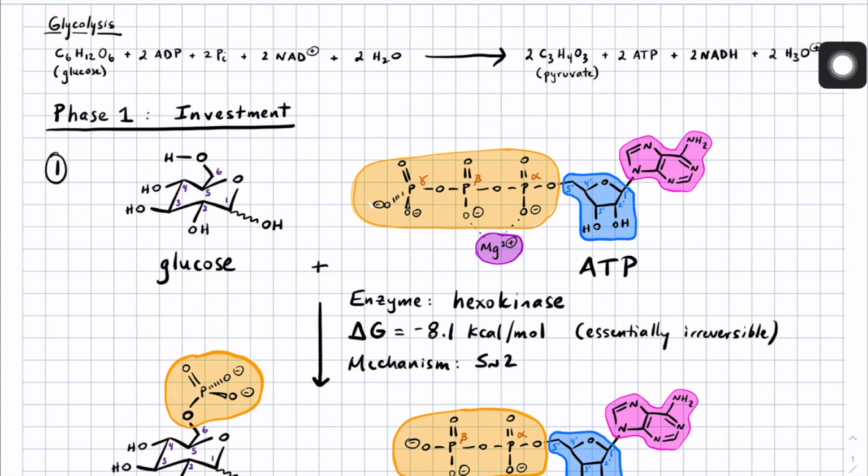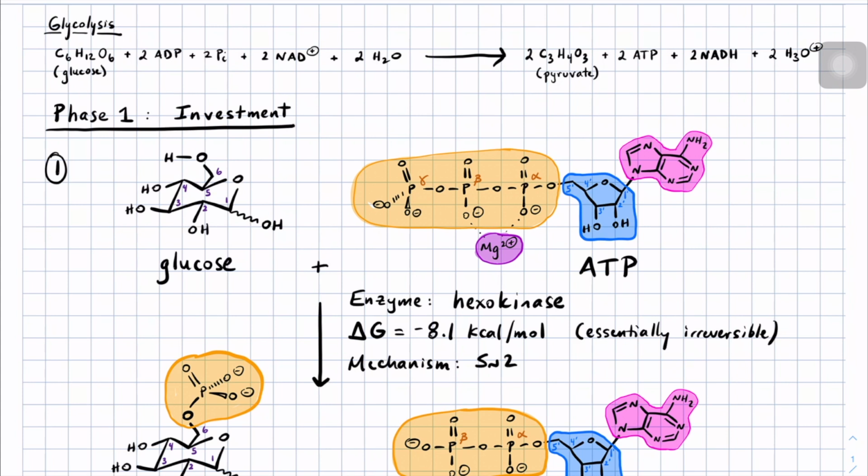A couple other things to sort of state at the outset. You may have learned in previous classes that ATP releases energy when bonds are broken. That is not true. As you learned in 351, breaking bonds always requires you to put in energy.